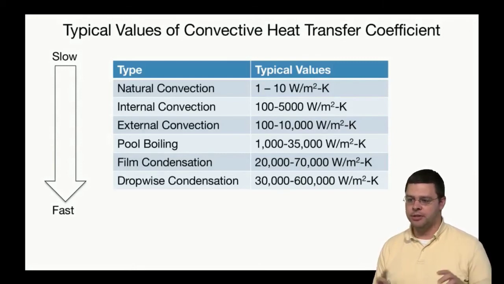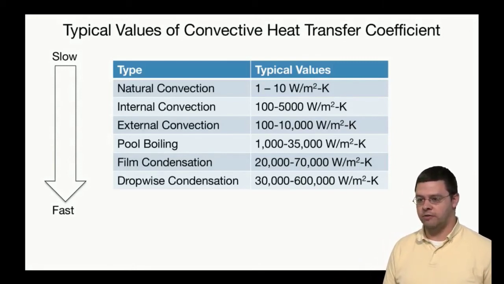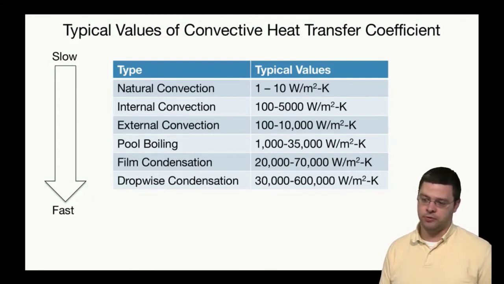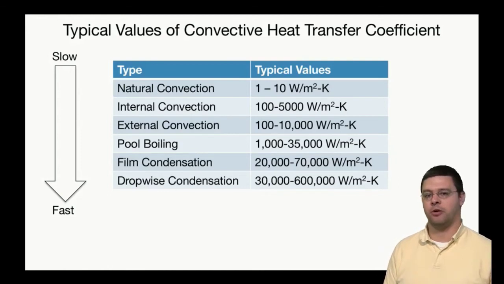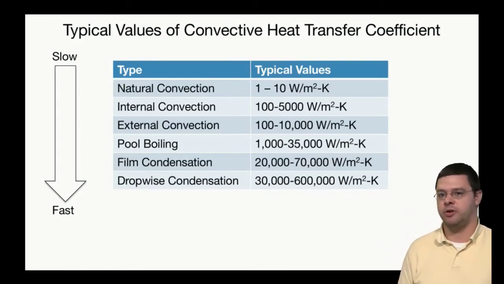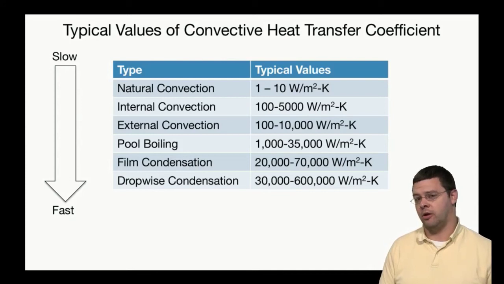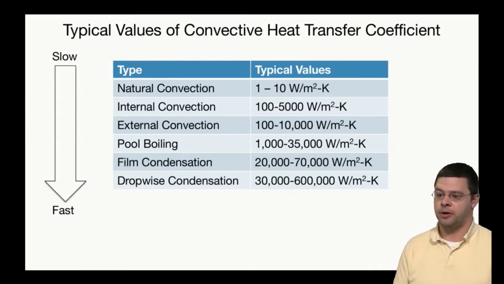I'm not going into the details of how you figure out these heat transfer coefficients, but just to give you some idea of how big they are, if you go to some tables for pool boiling, you pull up heat transfer coefficients on the order of 1,000 to 35,000 watts per meter squared Kelvin, where the 35,000 is not particularly hard to get, actually.